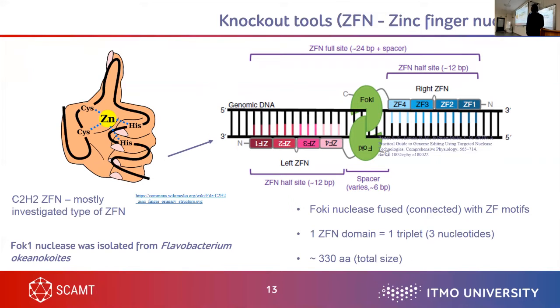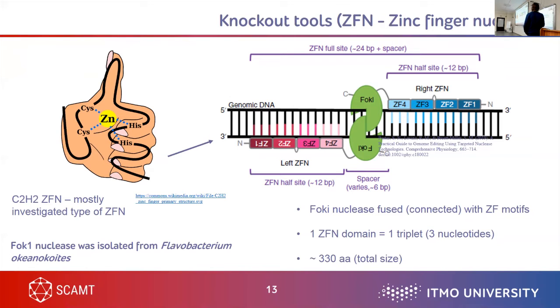We obtain this conformation because zinc ions coordinate amino acids. And these fingers will specifically recognize our DNA sequences.